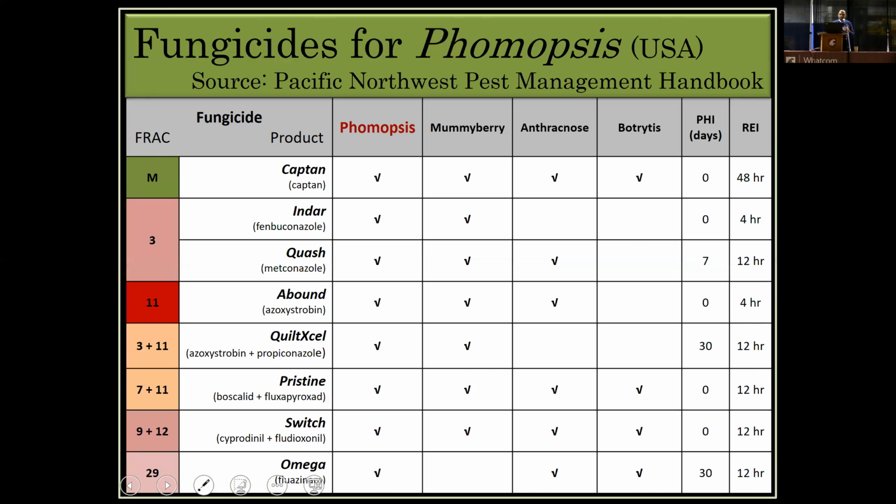But when I look at those profiles, the fungicides registered for Phomopsis are also registered for mummyberry, and some for anthracnose. So you don't have to spray for each and every disease. If you choose the right fungicide, you can cover a wider spectrum of different pathogens at the same time.